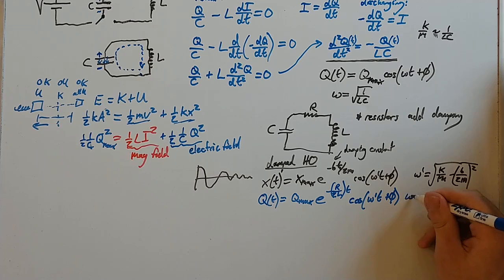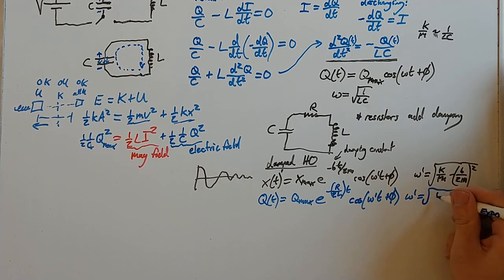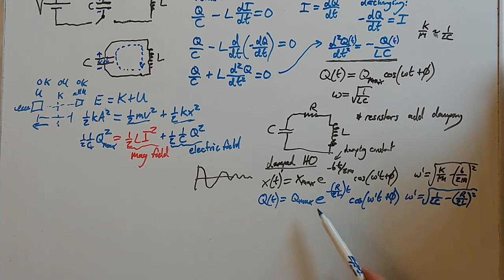The damping here is the resistance, and L and m function the same way. The new omega prime is, rather than k over m, 1 over LC, minus R over 2L squared. Very similar, we're just using different variables.